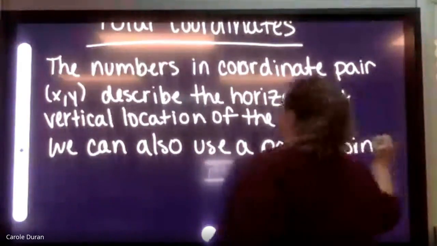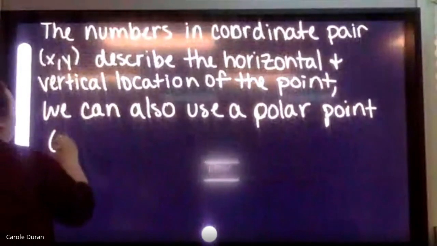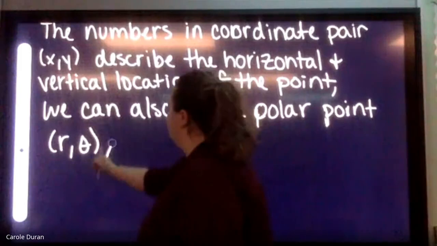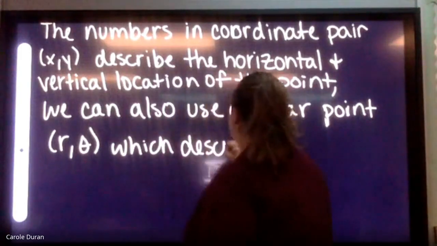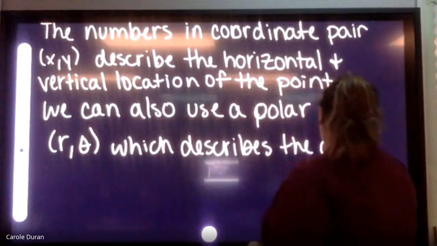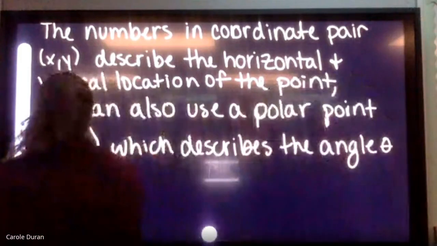So every xy coordinate can also be identified using a polar point r theta, which describes the angle of the point and the distance r.